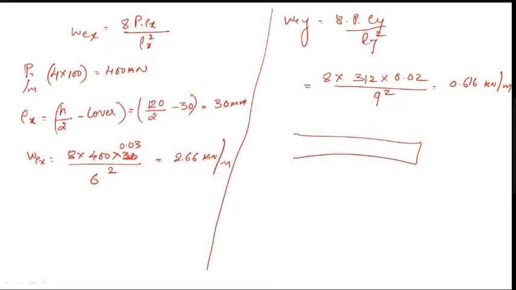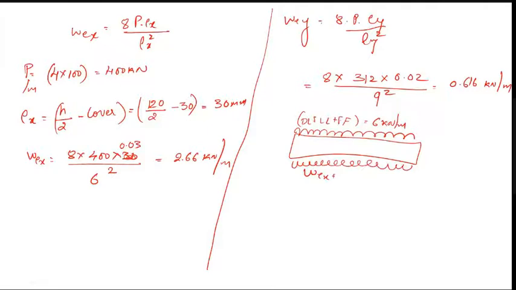If I draw my slab, this is the total downward load due to dead load, live load plus floor finishing, which was equal to 6 kilonewton per meter, and due to the cables the counteracting load was WEX plus WEY, which is 2.66 plus 0.616.